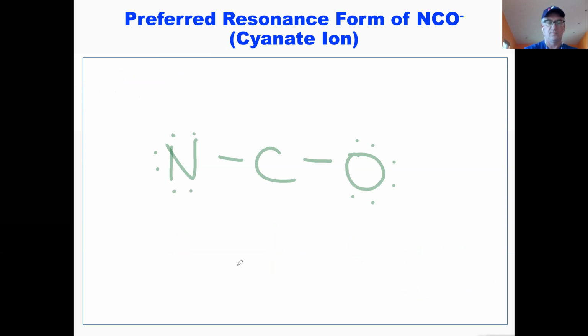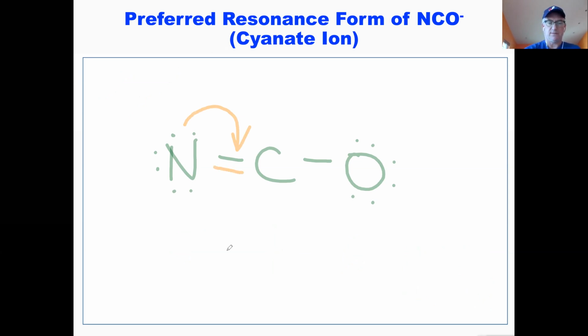You could give it a double bond between nitrogen and carbon. Okay. There we go. So we'll move that pair of electrons into the middle.